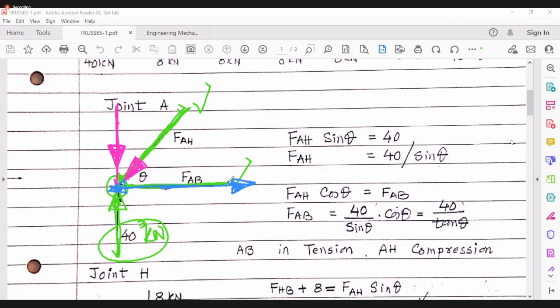Then only the horizontal sum will be equal to 0. Yes, sir. FAH is pushing this point in this direction. So FAB should pull it back, isn't it? Yes, sir. This is how I am writing it now. Have a close look at this and you will know what I have said.